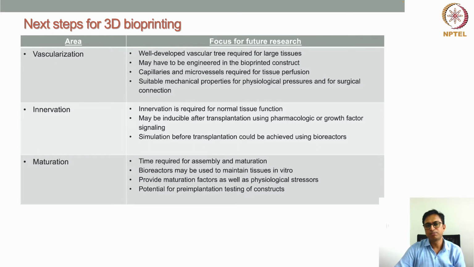So that's why we need to engineer the bioprinted construct in that way to create the whole structure. Capillaries and microvessels are required for tissue perfusion, because that is how the cells can survive in the tissue. So we need to have capillaries and microvessels in the different tissue structures.